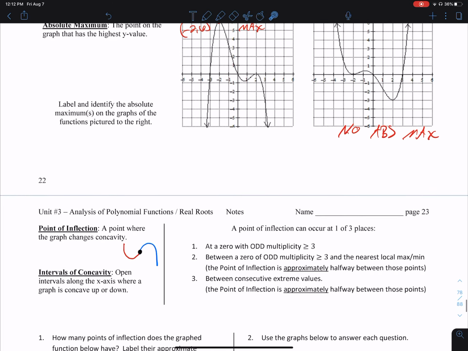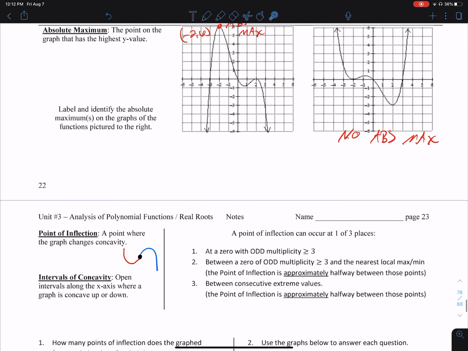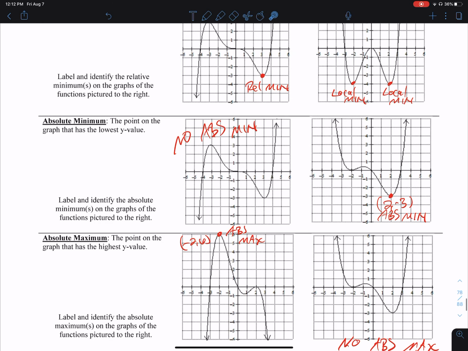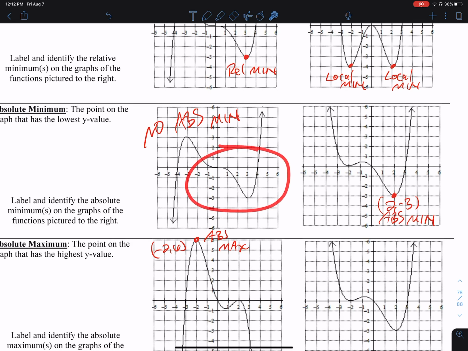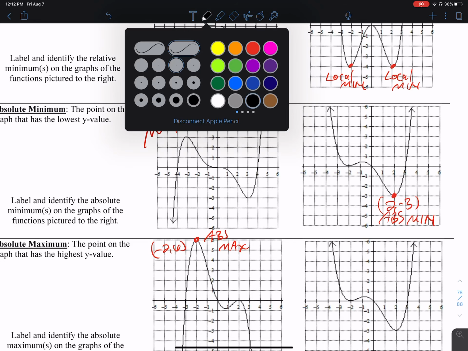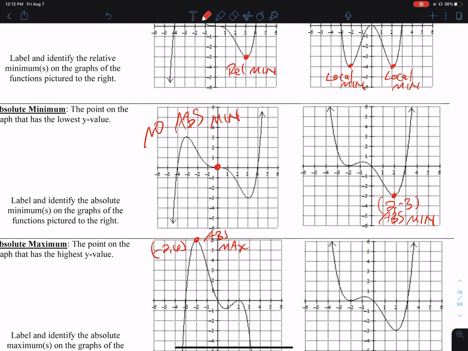So as an example, in this graph right here, the first part said at a 0 of multiplicity of at least 3. So we know this one is here because the concavity is changing, so that's at least 3. And then the second one said between a 0 of multiplicity of at least 3 that's odd, which we just pointed out, and the nearest local max or min.